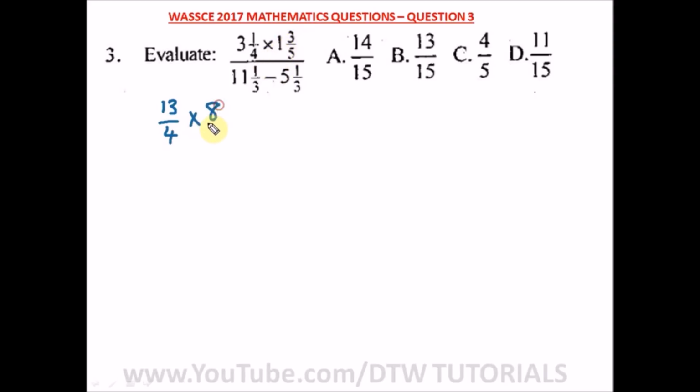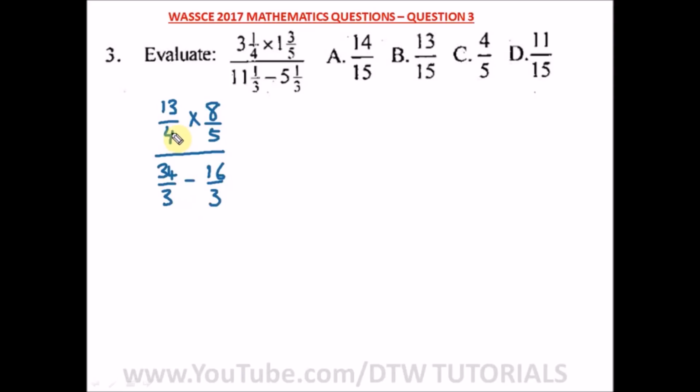So we have 8 over 5, divided by 3 times 11, that's 33, plus 1, we have 34. So we have 34 over 3, minus 3 times 5 is 15, and 15 plus 1 is 16. So we have 16 over 3.